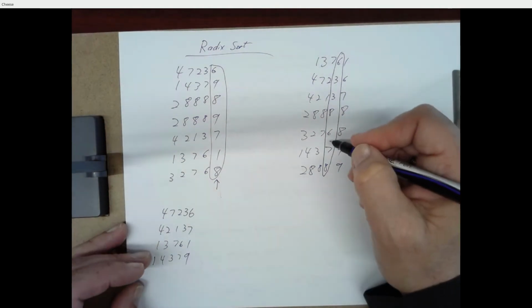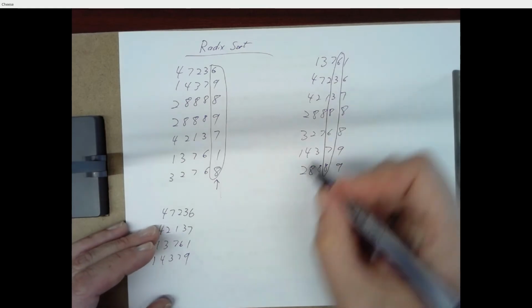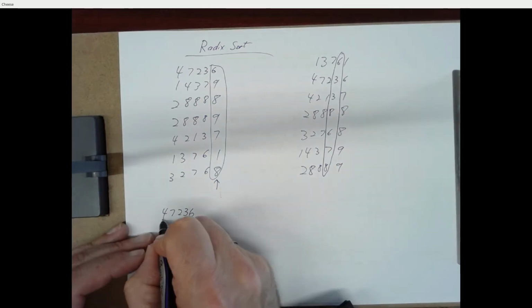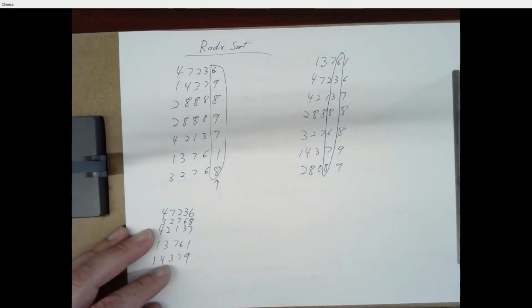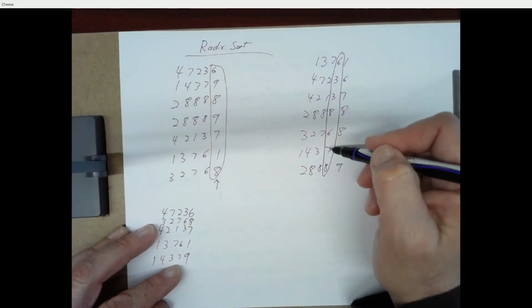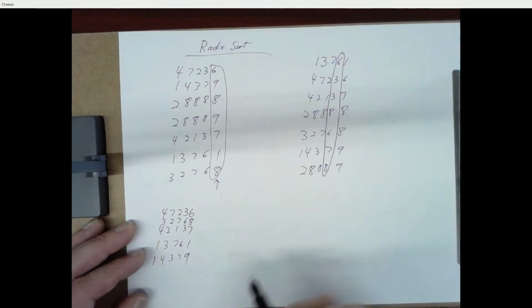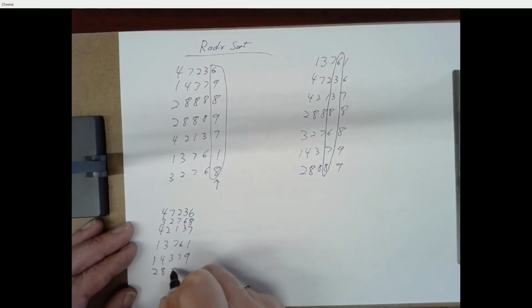Did I miss a 6? I did. 3, 2, 7, 6, 8. Thank you. 7 right here, and then an 8. 2, 8, 8, 8, 8. Why did you put the 6 there?